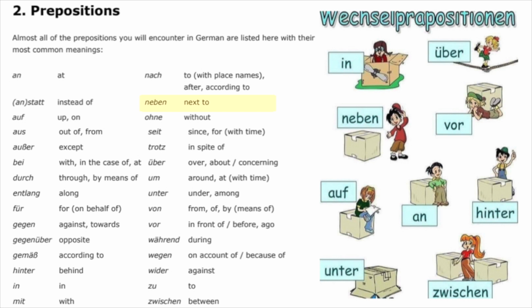Neben is next to, ohne is without, seit is since or if used with time for, trotz is in spite of, über is over or about or concerning, um is around or at if used with time, unter is under or among, von is from or of or by means of, vor is in front of or before or ago depending on context, während is during, wegen is on account of or because of, wider is against, zu is to, and zwischen is between.